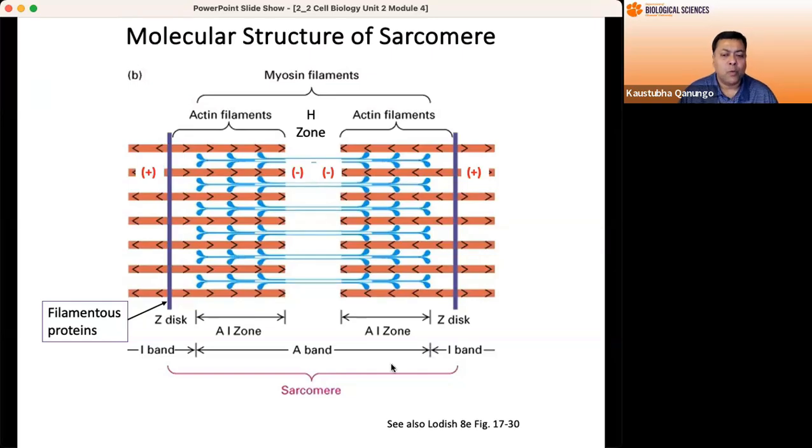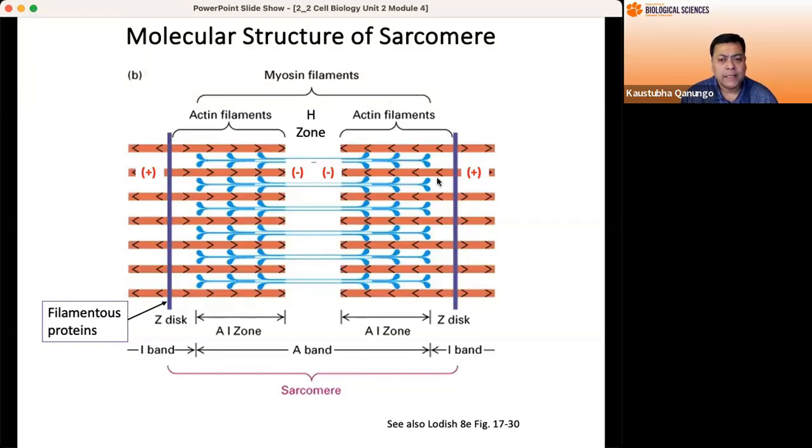Very interestingly, the length of the myosin will never change, and the A band length never changes. It will always remain the same. A band, even in contraction or relaxation, will remain the same.